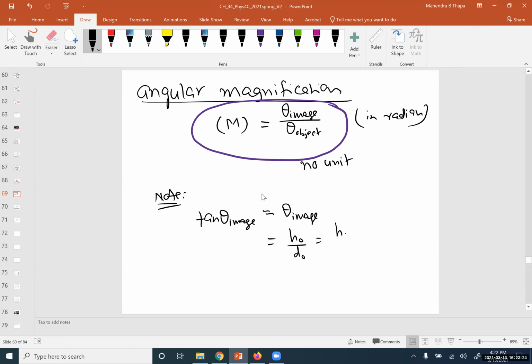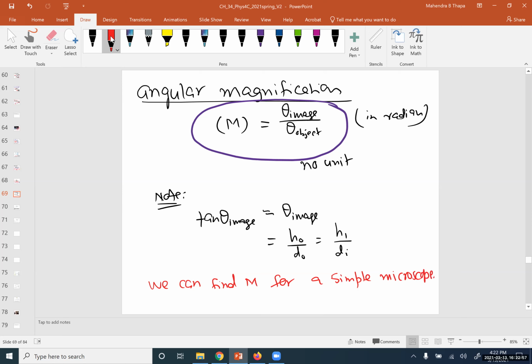So we can use either equation to simplify further, using this equation, for a simple lens, simple microscope.